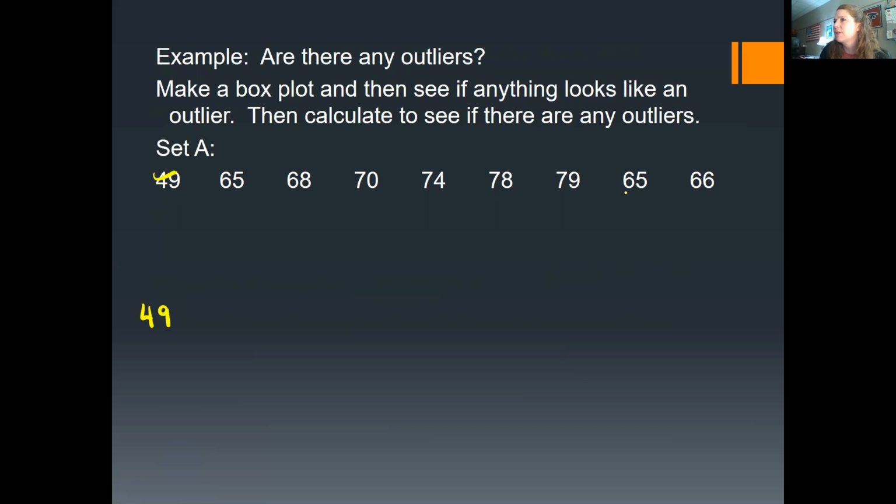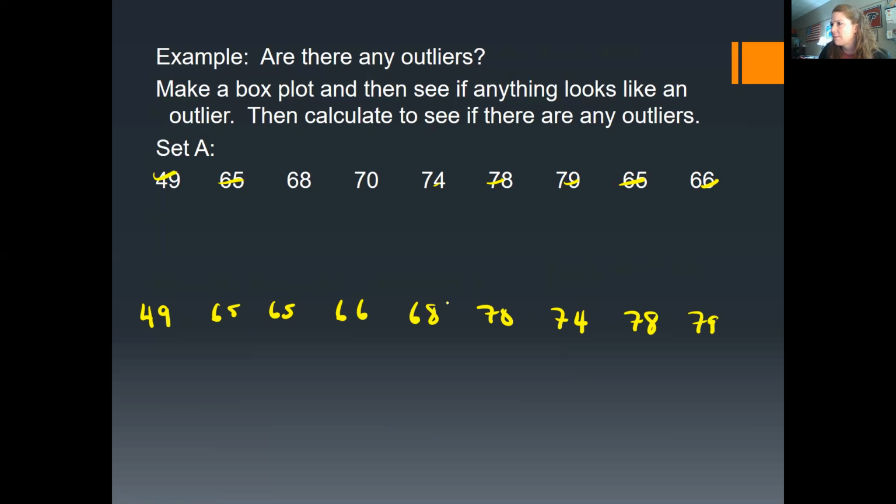Our next number is what? We have two 65s. 65, 65. 66, 68, 70, 74, 78, and 79. All right, 1, 2, 3, 4, 5, 6, 7, 8, 9. 1, 2, 3, 4, 5, 6, 7, 8, 9. 1, 2, 3.